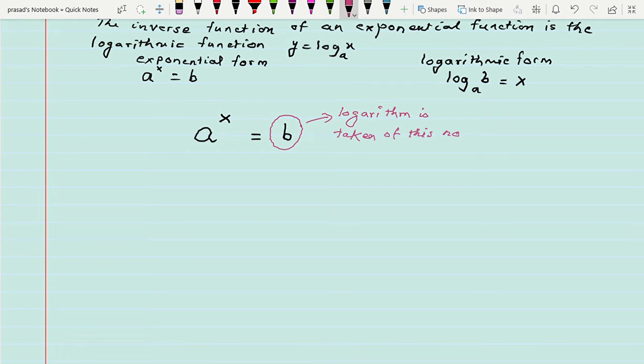Then a will be the base of the logarithm. A is the base of logarithm. And x will be the value of the logarithm.